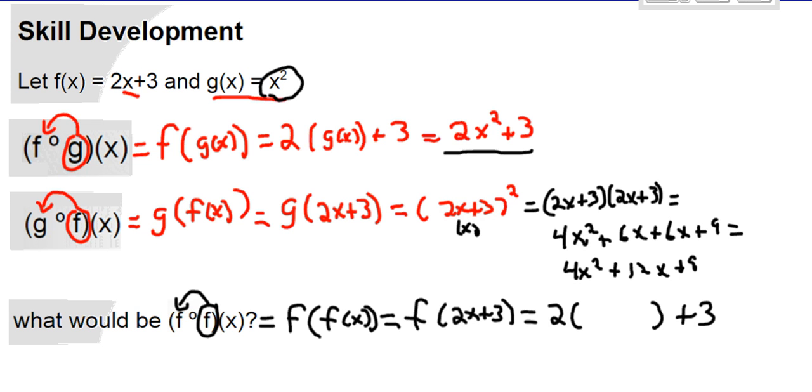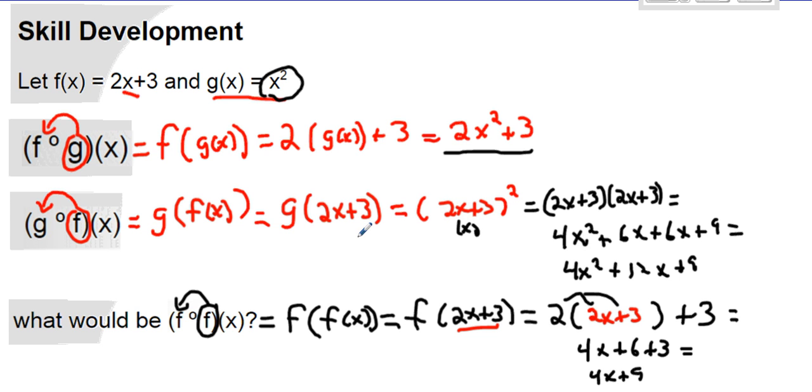And my f of x function, or 2x plus 3, I'm going to plug in where the x was, and then with a simple evaluation, distributing through, my composite function will be 4x plus 6 plus 3, which equals 4x plus 9.